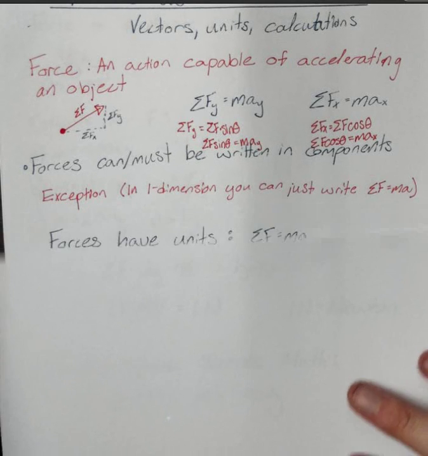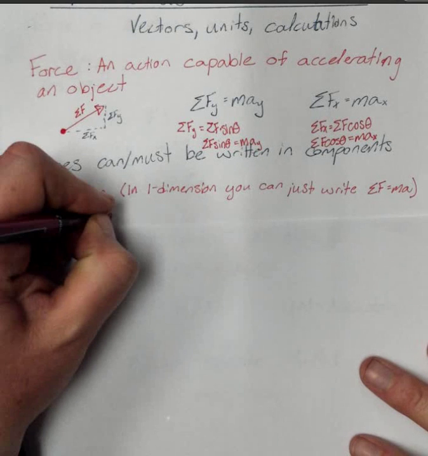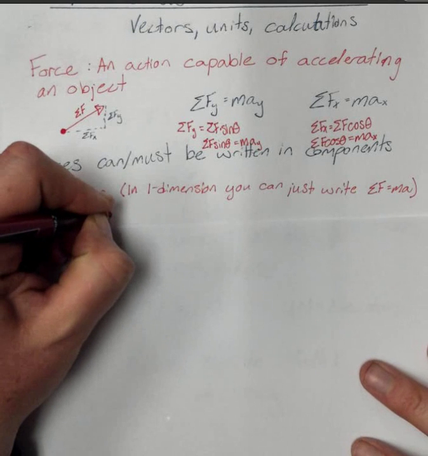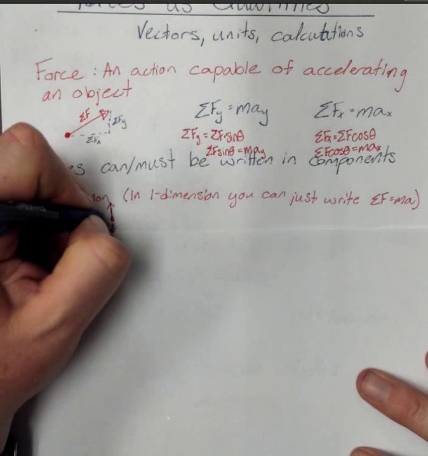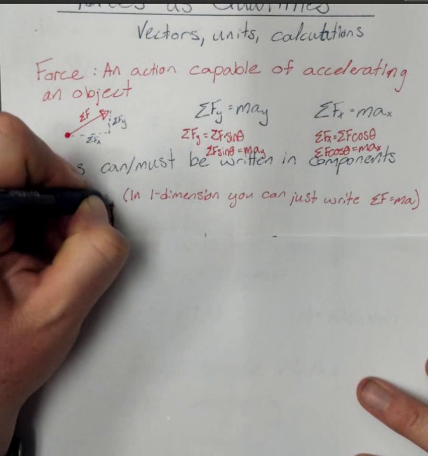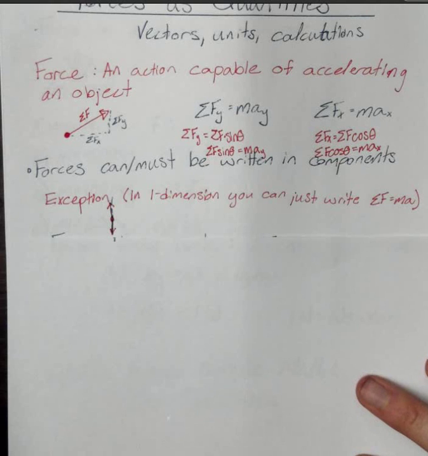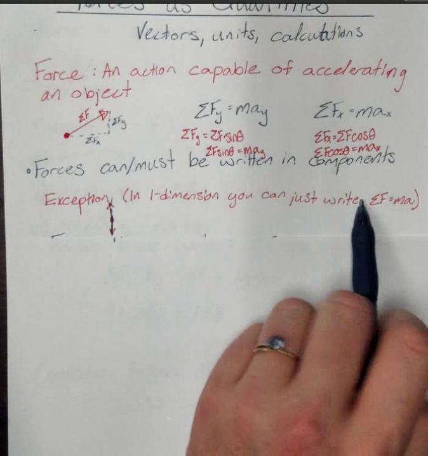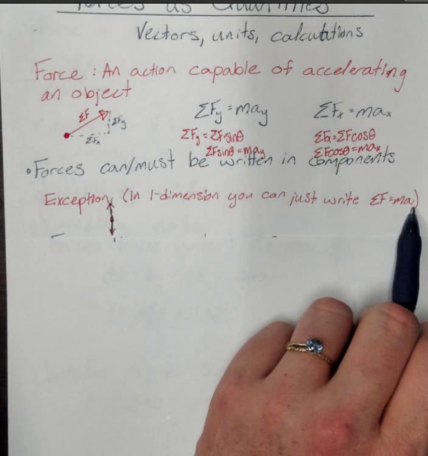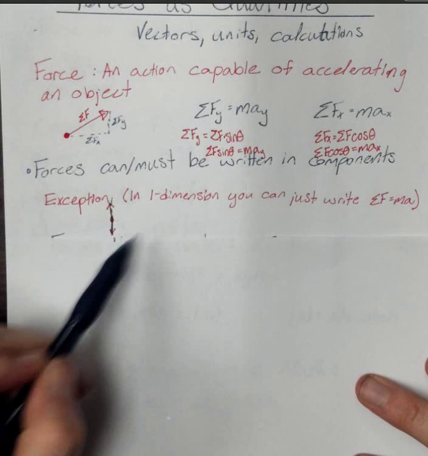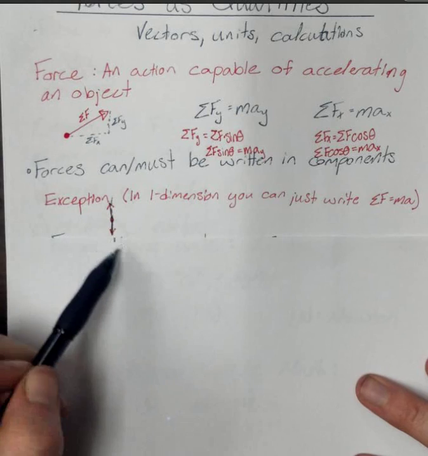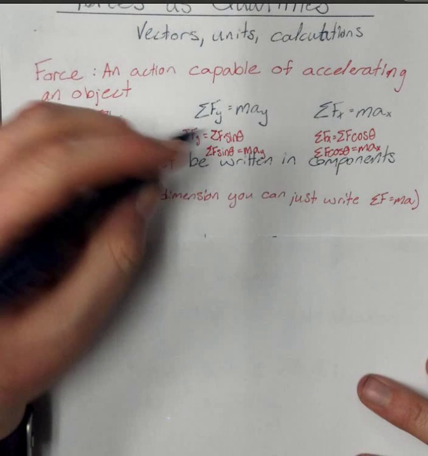So if everything that you're solving happens along one axis line, you don't have to break it into components. You can just say net force will equal mass times acceleration of the object.